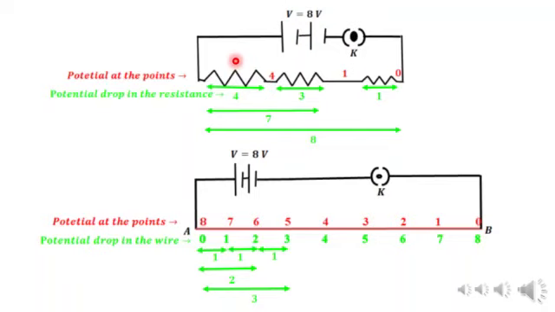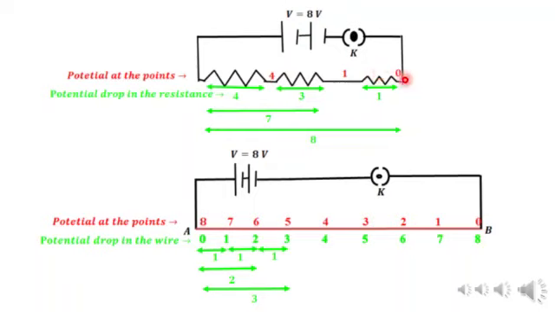The potential of the cell is 8 volt. Since 4 volt drops at the first resistance, the remaining potential at this point is 4 volt, and from this again 3 volt drops in the second resistance. So potential at this point is 1 volt. Finally, the remaining potential 1 volt drops across the third resistance.